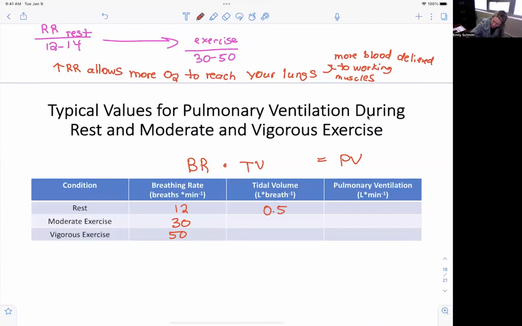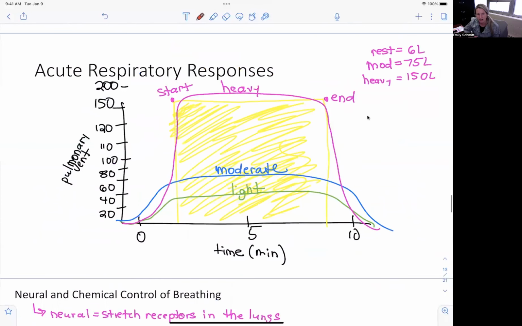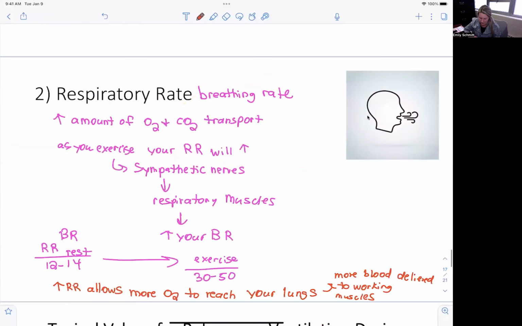Our tidal volume at rest is 0.5, 2.5 for moderate, and 3.0 for vigorous. If we do the math, we get 6 liters per minute for rest, 75 liters per minute for moderate exercise, and 150 liters per minute for vigorous exercise. That corresponds exactly with this graph that we drew up here, talking about pulmonary ventilation.